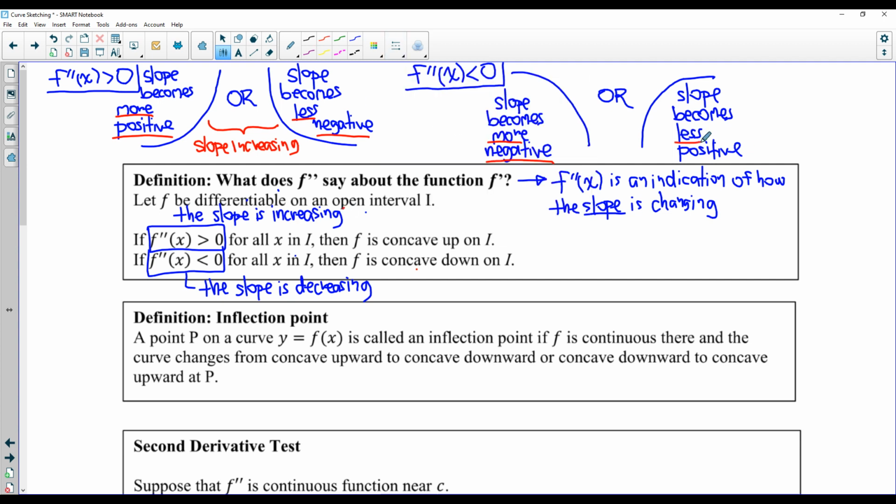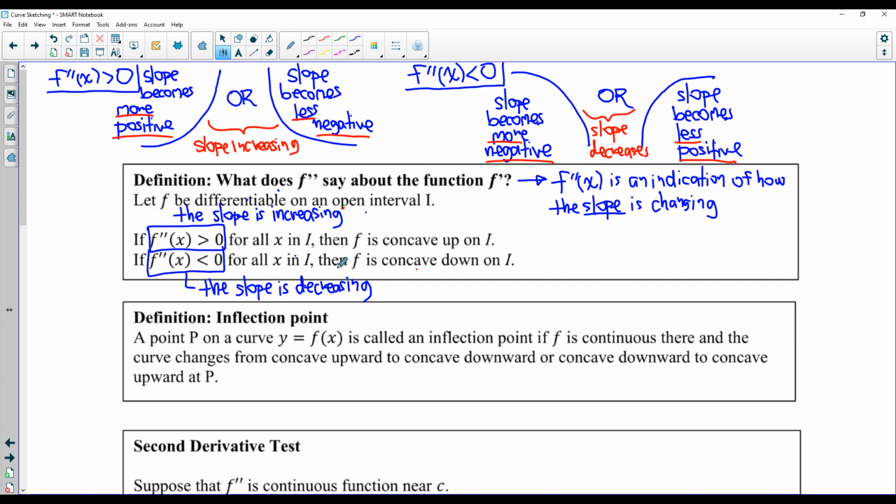And if your slope becomes less positive, or if your slope becomes more negative, those would be scenarios where your slope is going to decrease. And that happens when your second derivative is less than 0. If your second derivative is bigger than 0, then it means your slope is going to increase.